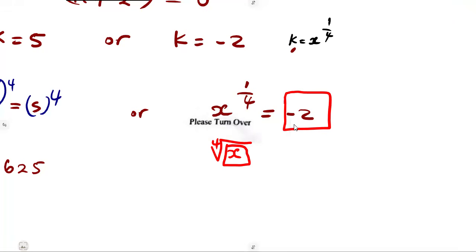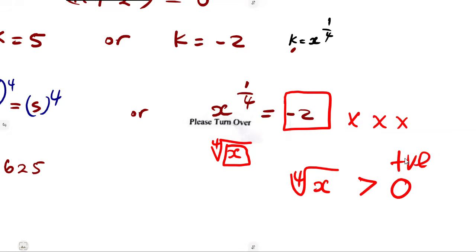Anything that we cannot get from that calculator view in our grade 11, we say it is impossible. So this is a wrong presentation: the fourth root of x cannot be a negative. It's supposed to be a positive value.